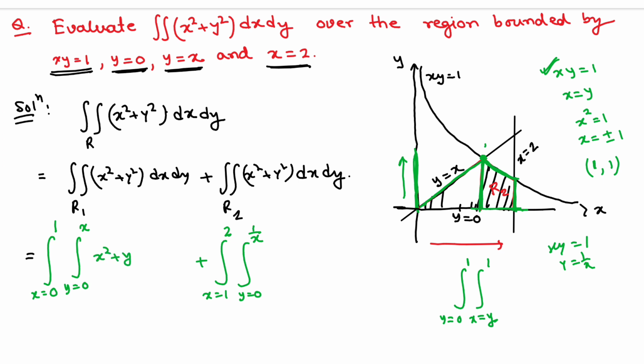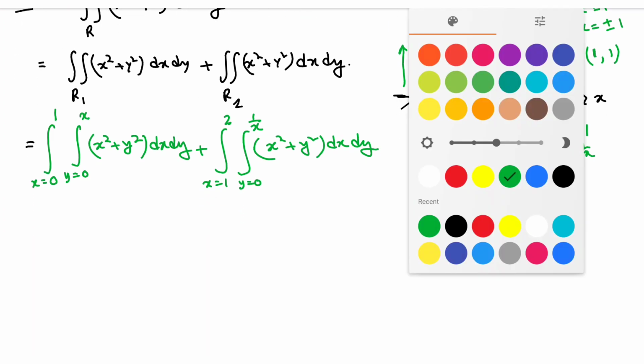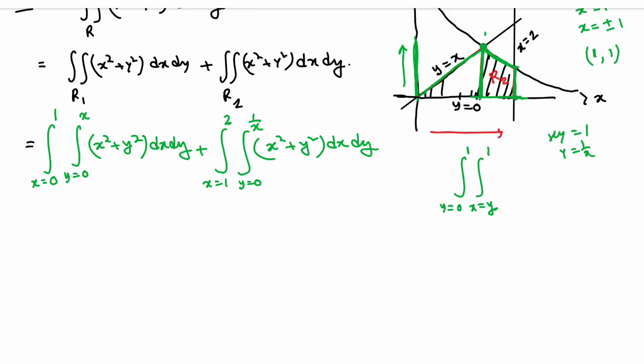The integrand is x square plus y square dx dy. Now just simplify the problem. The first integration is with respect to y, so obviously we have to change the order, because this is the order dx dy.